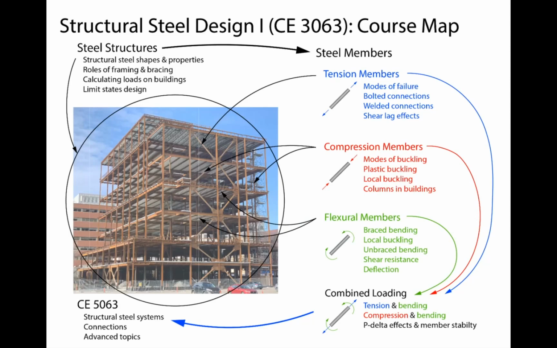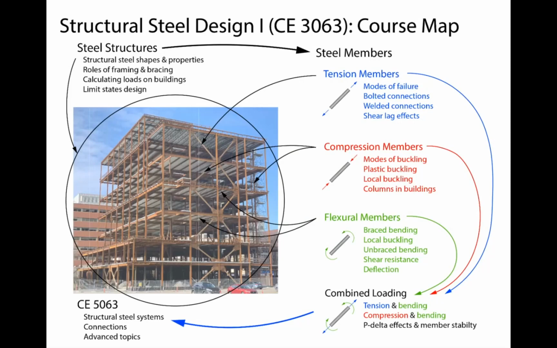And we also considered the destabilizing effects of gravity loads on initially leaning structures through the application of notional lateral loads. We started to make the bridge between calculating the loads and doing the structural analysis to the member resistance stuff that we're going to be talking about for the rest of the course in lecture 10 on Wednesday when we started talking about limit states design.